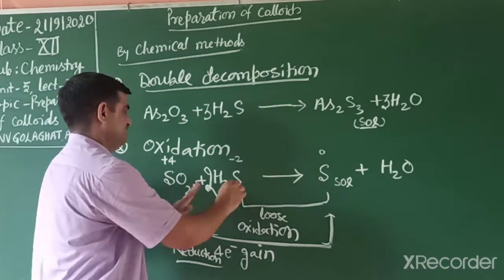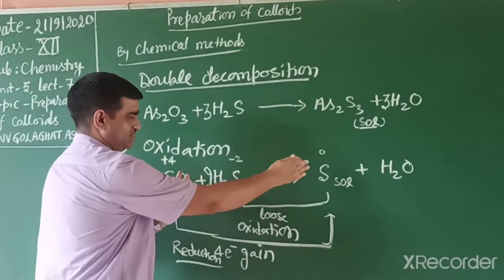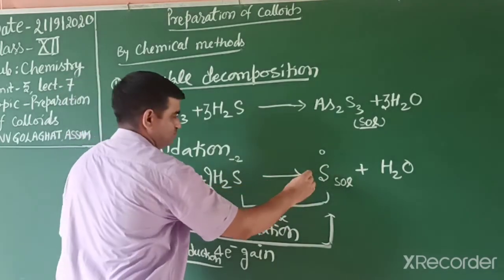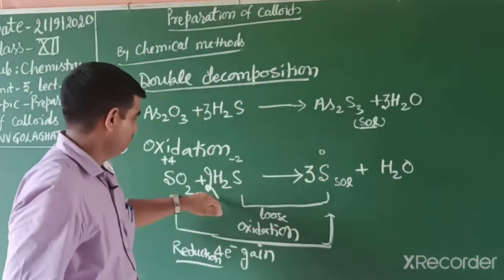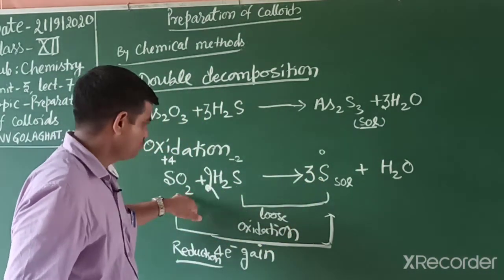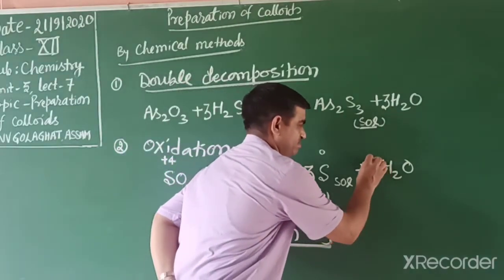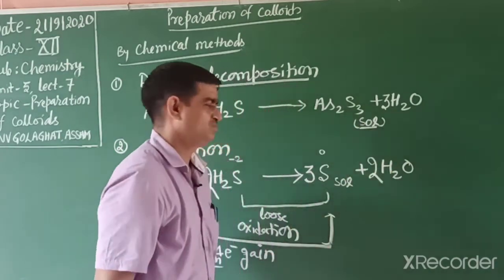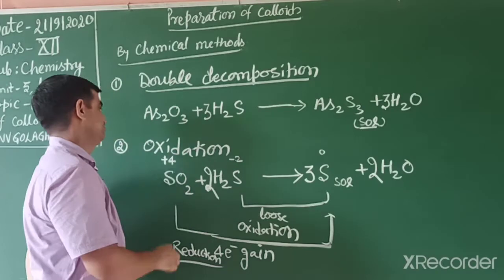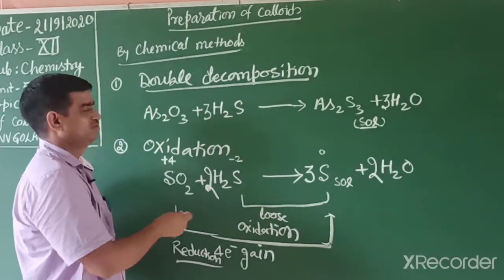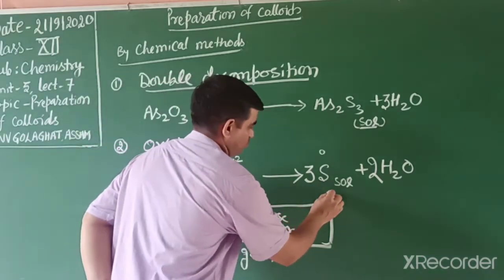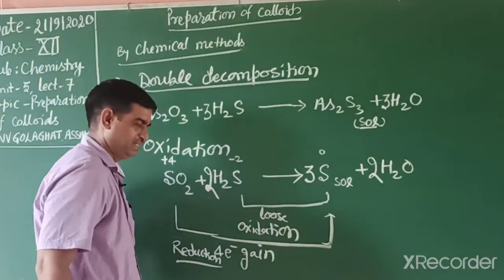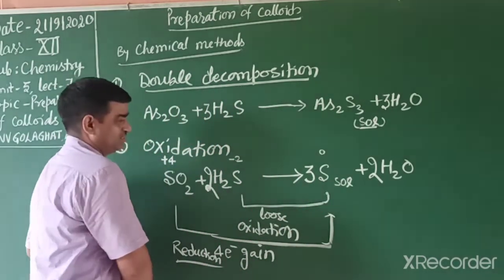Now we can balance the oxidation and reduction, but this side is not balanced. Sulfur atoms are 3, hydrogen is only 4 and oxygen is 2, so we multiply by 2. In this way the reaction is balanced. So by the oxidation reaction we can easily prepare sulfur sol. This is also a chemical method.